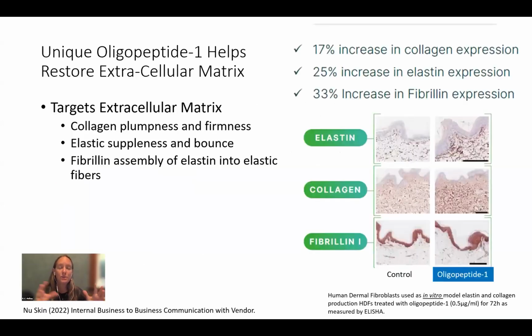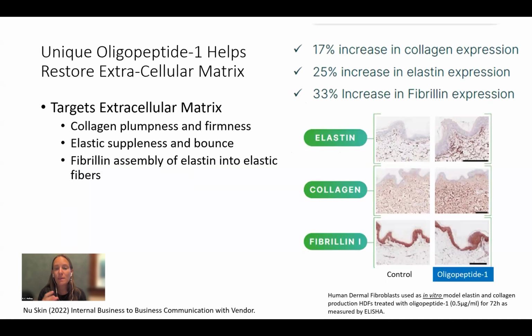So again, this unique oligopeptide can help restore extracellular matrix. Your extracellular matrix, if you think back to those images I was showing before, is really all of that stuff in your dermis, right? Your collagen and your elastin and your glycosaminoglycans.